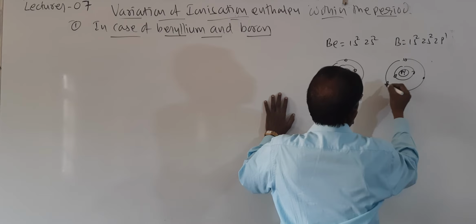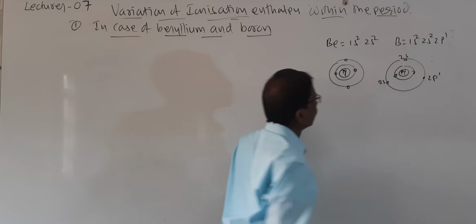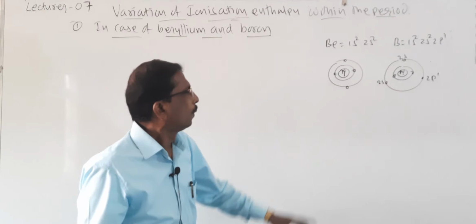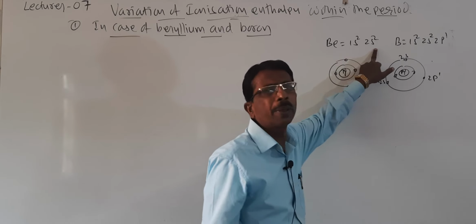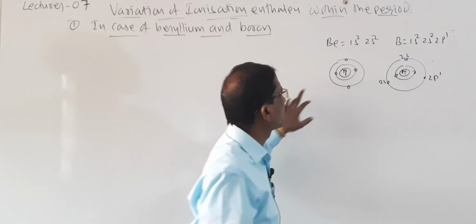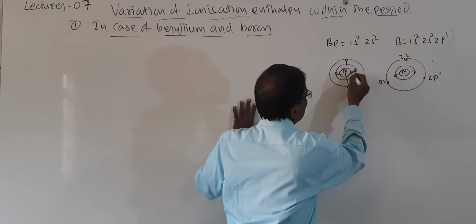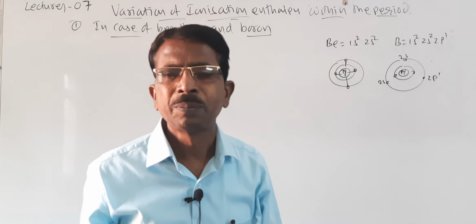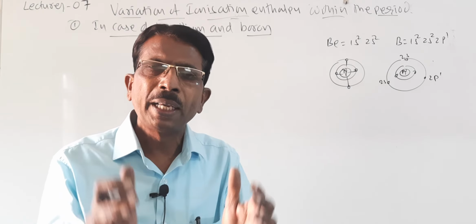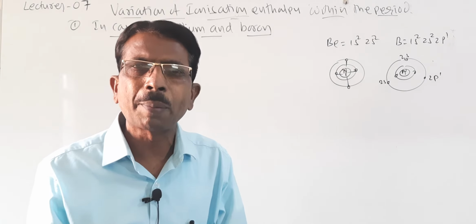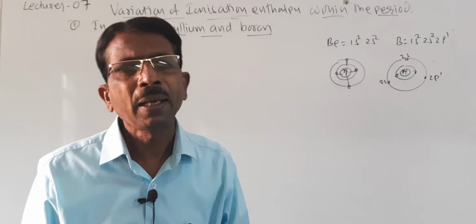So it is 2s2, 2p1. In case of beryllium, the 2s orbital is completely filled, and the electrons are held very close to the nucleus. Due to the completely filled 2s orbital, it has extra stability, and therefore the ionization enthalpy increases.